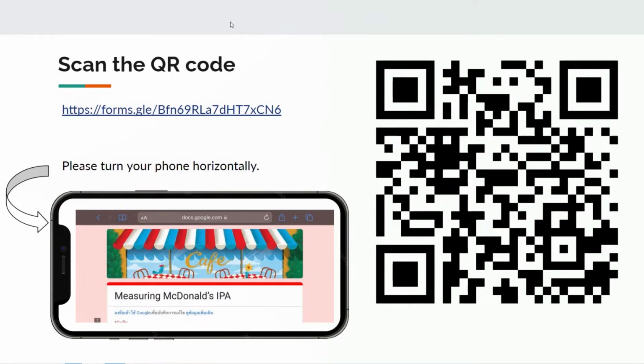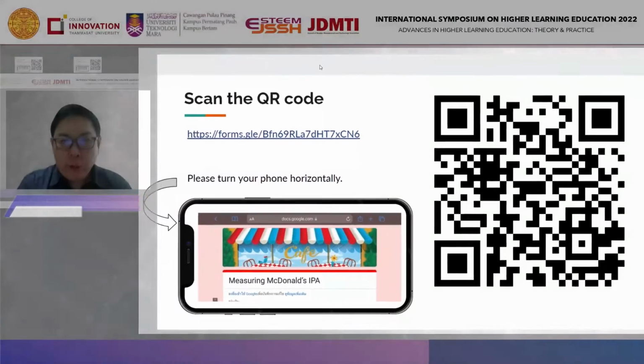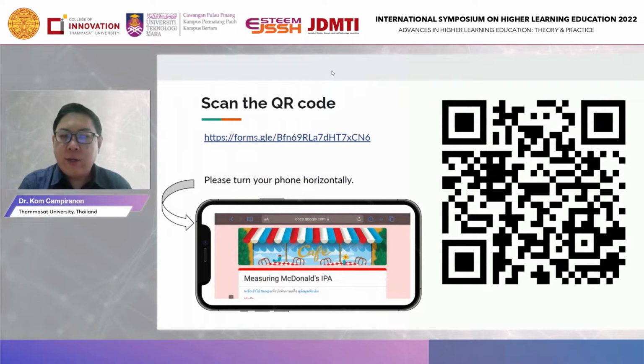Okay, I think that you might probably already have scanned the QR code or clicked the link right now.